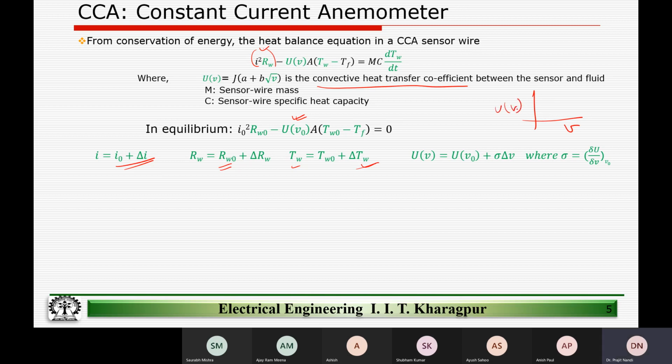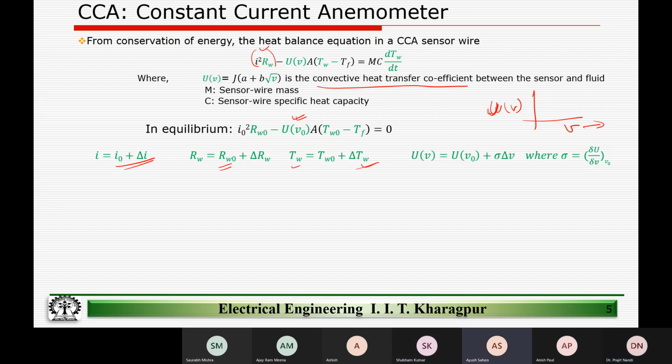What sort of a curve can we expect? Any comments? How will UVW look with respect to velocity? Any comments, guys? Give me some answer. Like inversely exponential type.